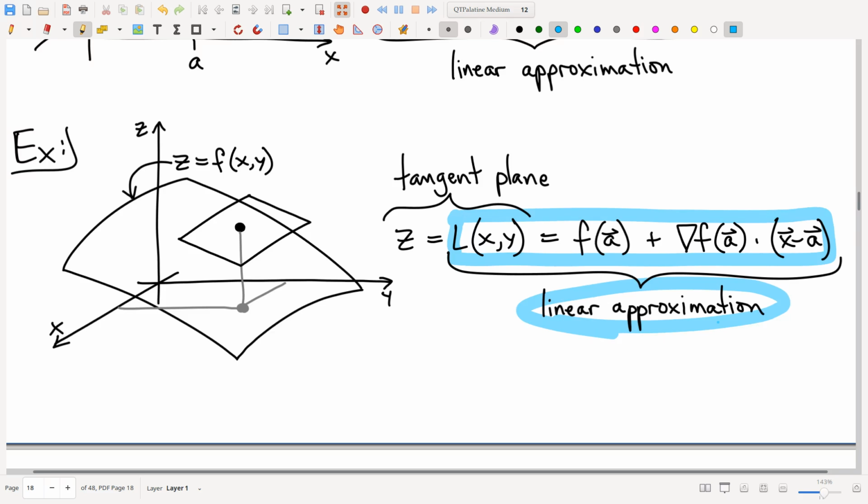It's a function. And its graph is the tangent plane. It's this plane that not only touches the graph of the original function in just that one point, but is also oriented in space. It's a way to mimic how the graph of the function is oriented in space. So it's an analogous concept to the tangent line. Again, it's the graph of the linear approximation, and this is a good place to draw the line.